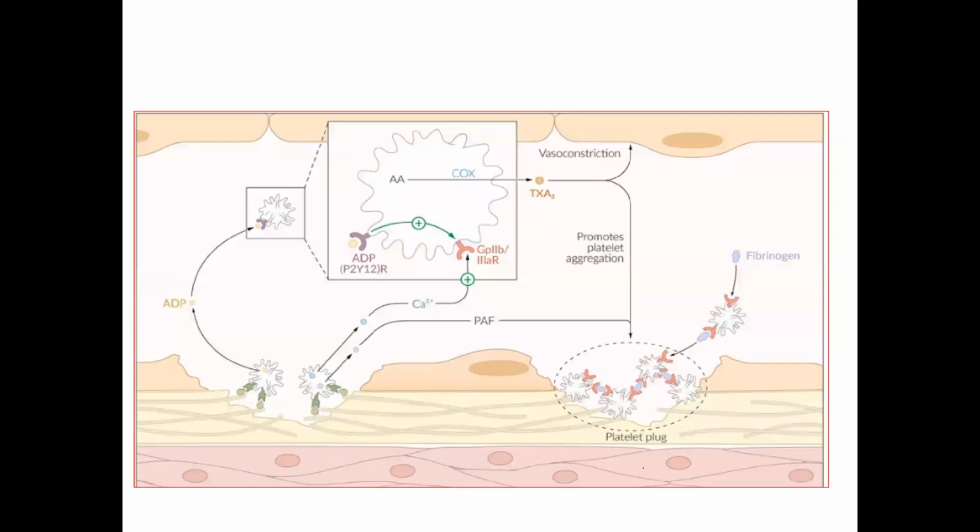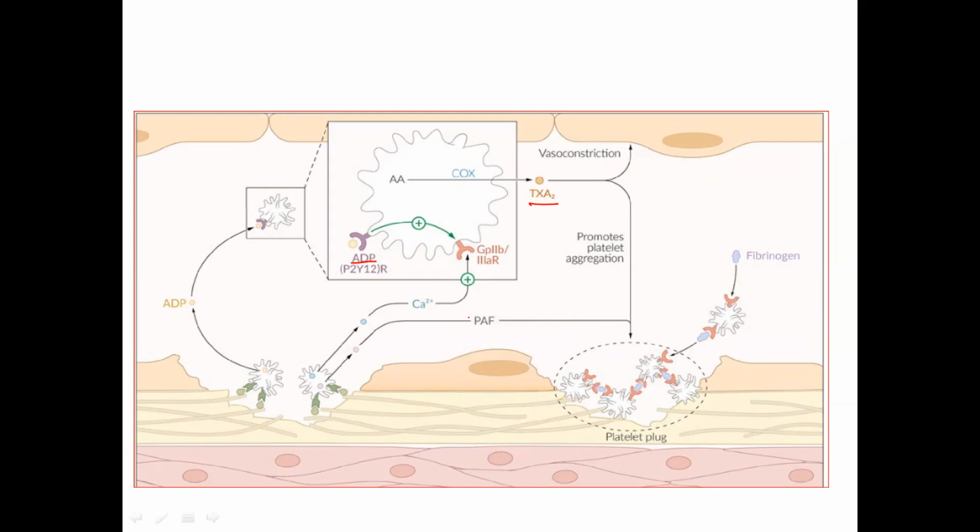So the adherence causes shape change, and this shape change causes the third step called platelet degranulation, or activation of platelet. The activation or degranulation of platelet produces thromboxane A2 and ADP, adenosine diphosphate.